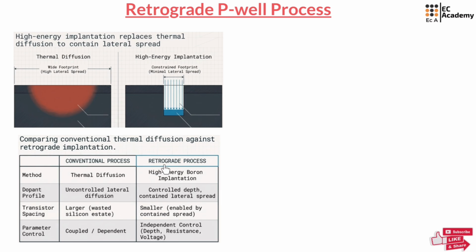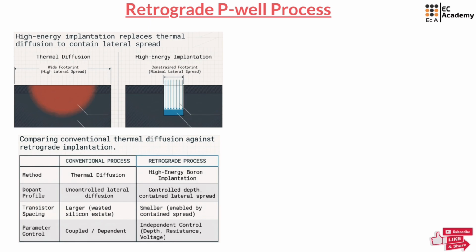In the retrograde process, which uses high energy boron implant, we can have controlled depth and less lateral spreading. The transistor spacing is small, which is enabled by contained spread. So spreading is less, that's why we can have a large number of transistors. And the parameter control is independent, which means we can independently control the depth, resistance and voltage of the transistor.